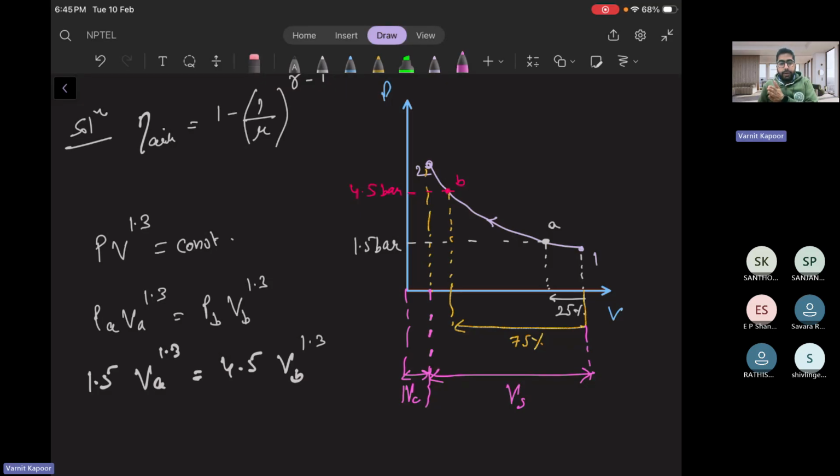If I am saying 25% of the stroke has happened from 1 to A, how much volume is remaining now? That is 75% of the stroke yet to be completed, right?